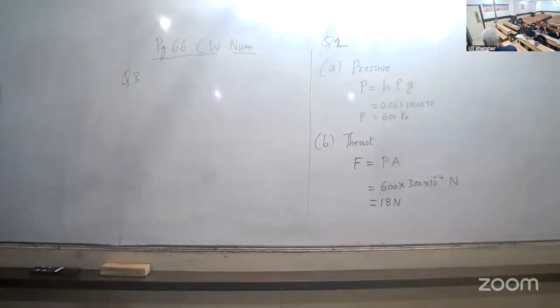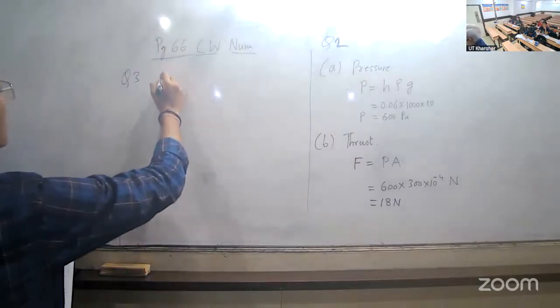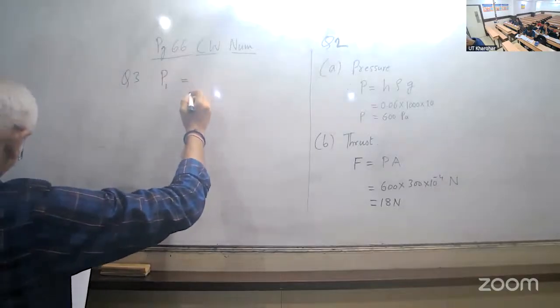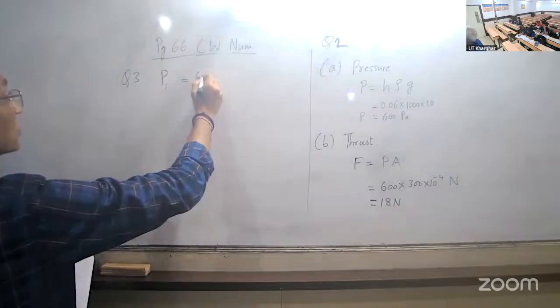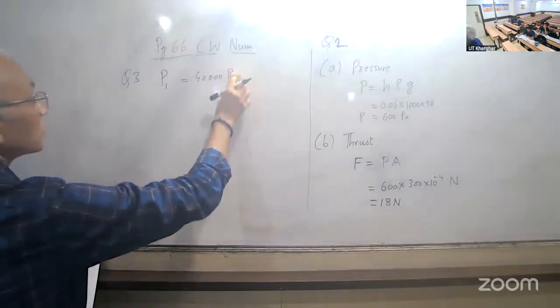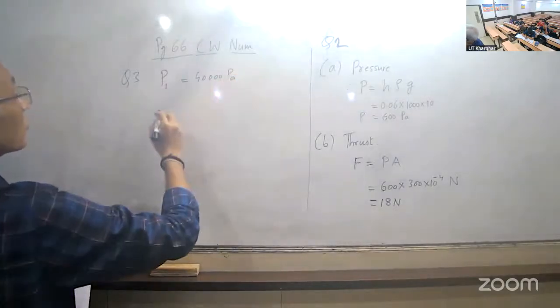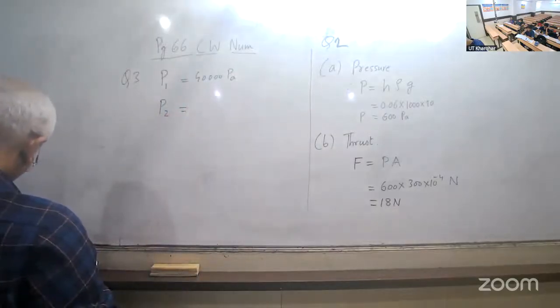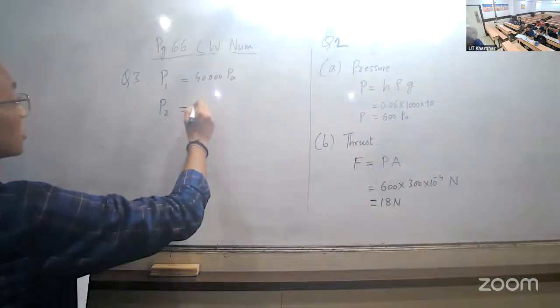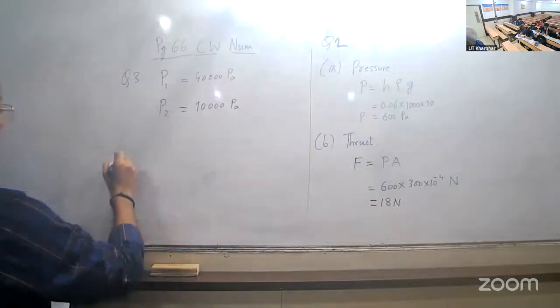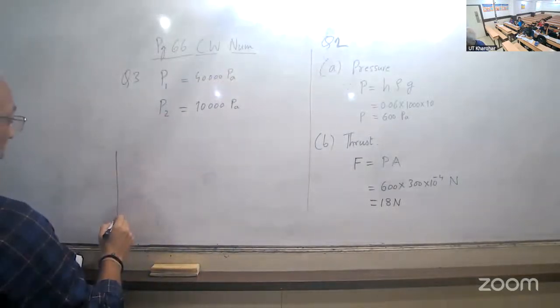So let's take pressure on the ground floor as P1. P1 is equal to 40,000 pascals. P2 is 10,000 pascals. Let's take the building like this.